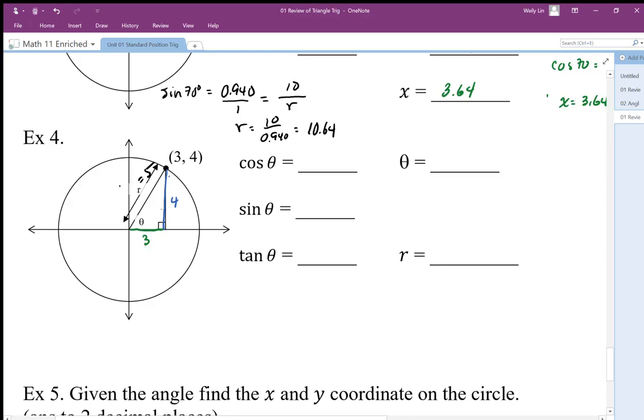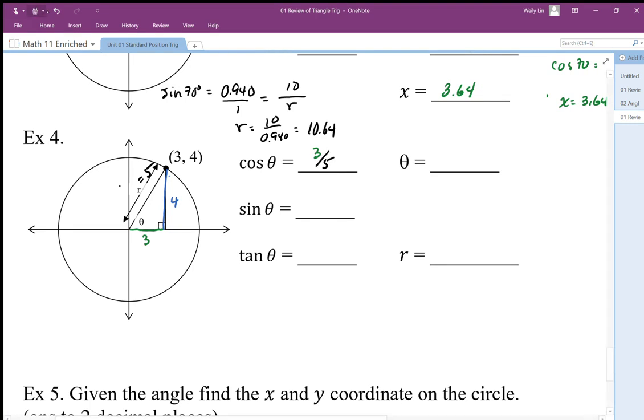Since we have the three sides of the triangle, this implies that we are using exact values. Because since we have two sides, we can use Pythagoras, which allows us to work out the exact values of sides. So if I want to write the cosine ratio now, I'm going to write the exact value of cosine as 3/5.